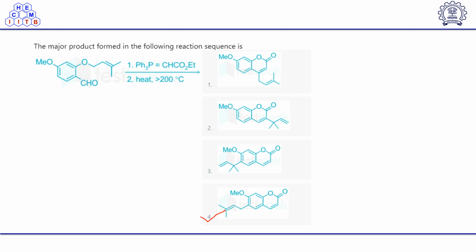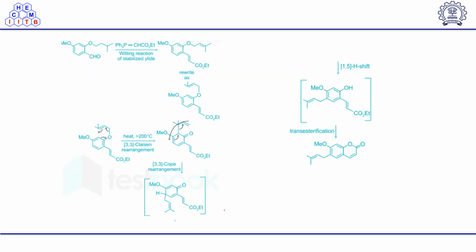You can go through it some more time. First Wittig reaction, then 3,3 Claisen rearrangement, then 3,3 sigmatropic, but that one is Cope because oxygen is not involved. Only carbons are involved in that rearrangement, but it is also a 3,3 sigmatropic rearrangement like Claisen.